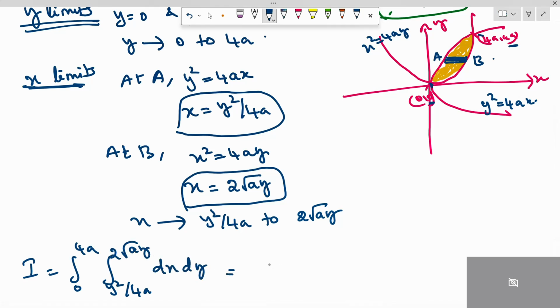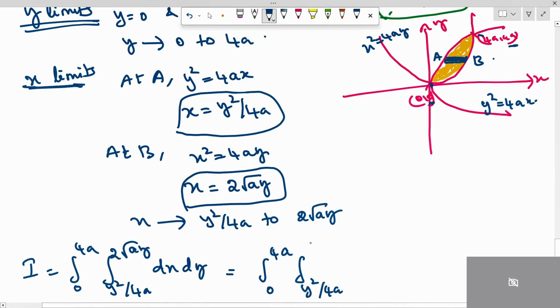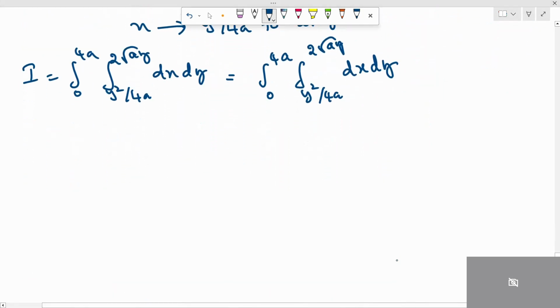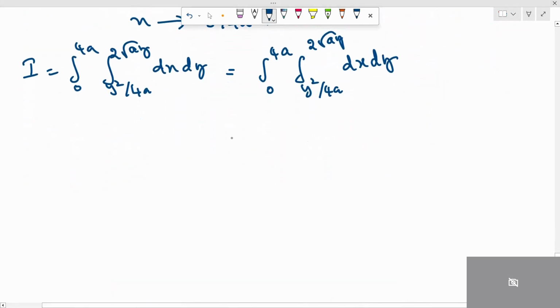After changing the order, we get the limits like this: 0 to 4a as the outer y limit, and the inner limits will be y square by 4a to 2 into root ay. Always we have to take the limits from left side to right side or bottom to top. Okay, and then dx dy. We have to write the correct order. Hereafter we can integrate normally.